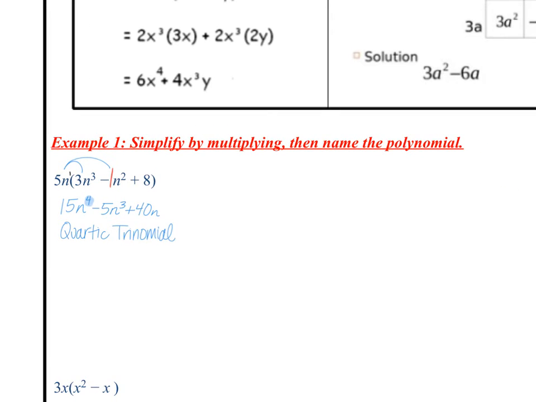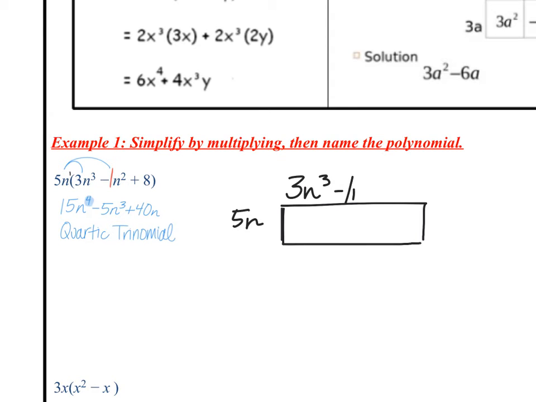So in a box method, you would take your 2 things. We've got 5n, just 1 term, so that's just 1 row. Your other one, 3n cubed minus 1n squared plus 8 goes here. And you can make boxes to represent that each of those is its own little area.